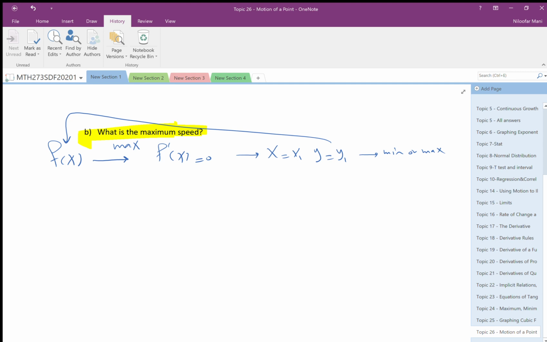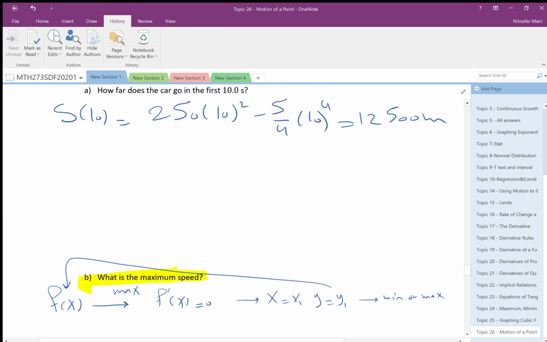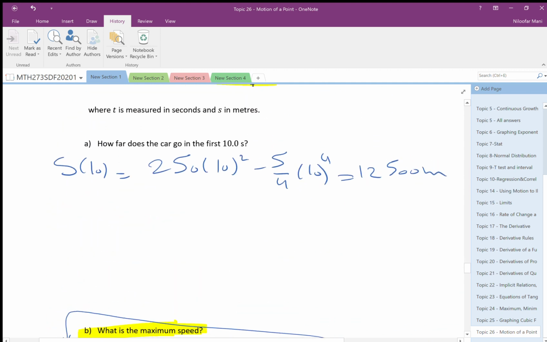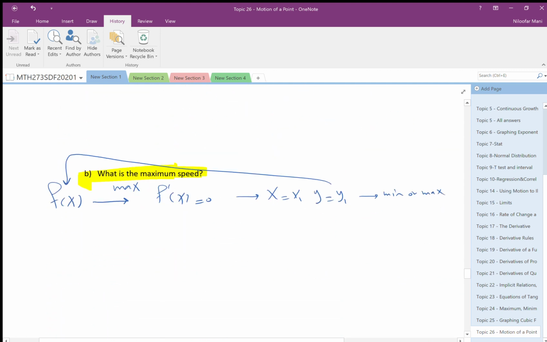Means you first have to go to your function. Here your function is not s. You don't want the maximum of s. You want the maximum of s prime. So first you have to find s prime. So what is s prime?